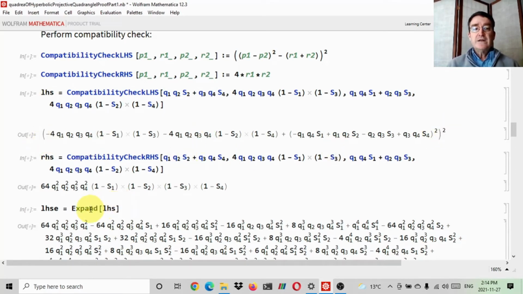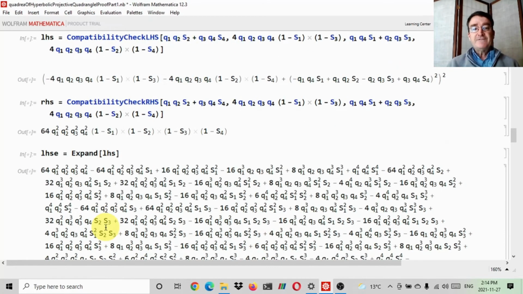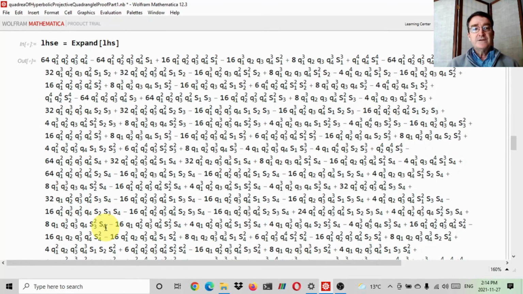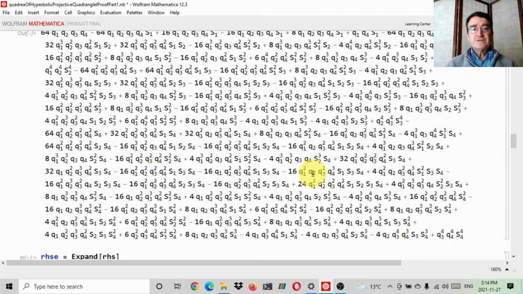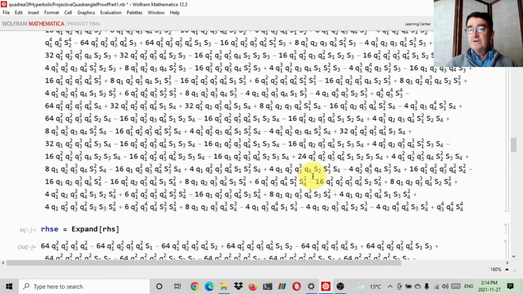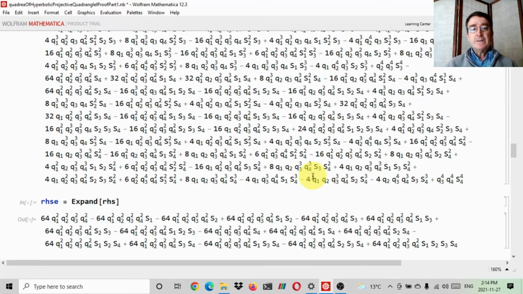So we're calling the expand function from Mathematica, and so the left-hand side becomes all of this. So this is the left-hand side expanded. The E on the end stands for expanded. So here it is. It's this long expression here in the quadrances and spreads of the projective quadrangle.